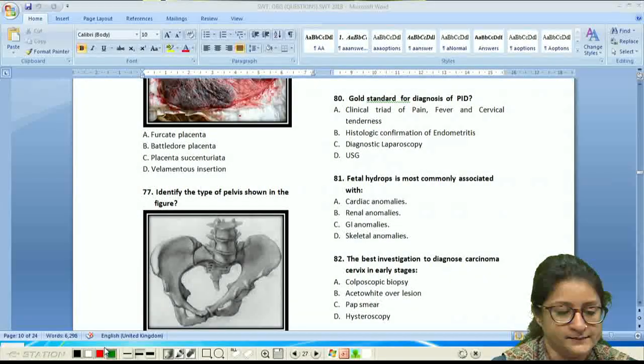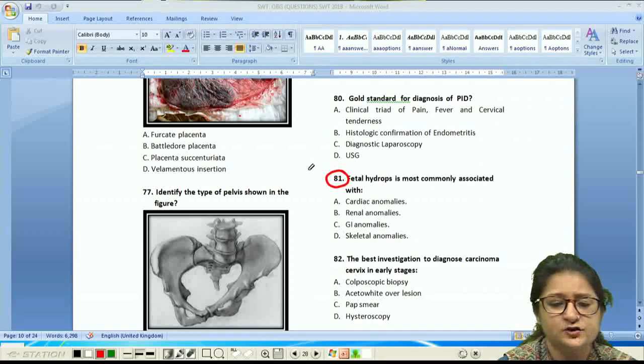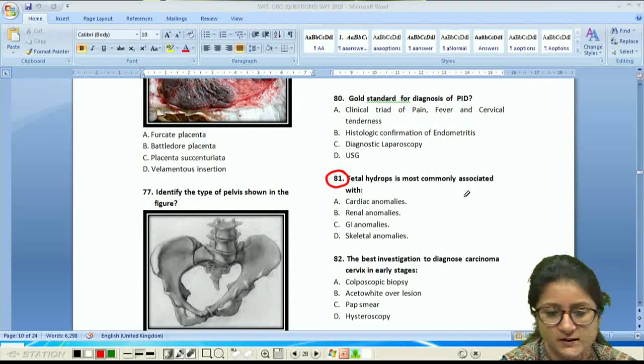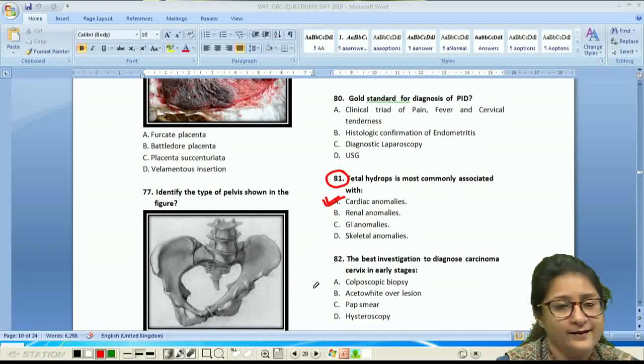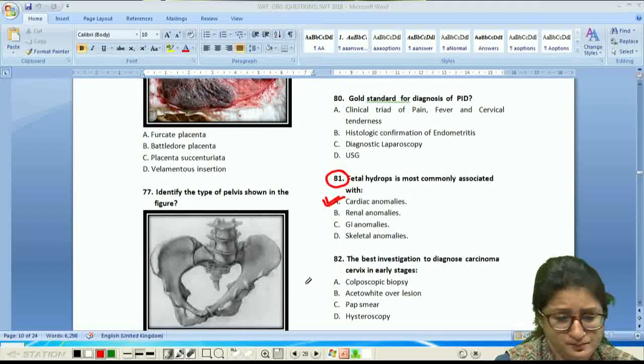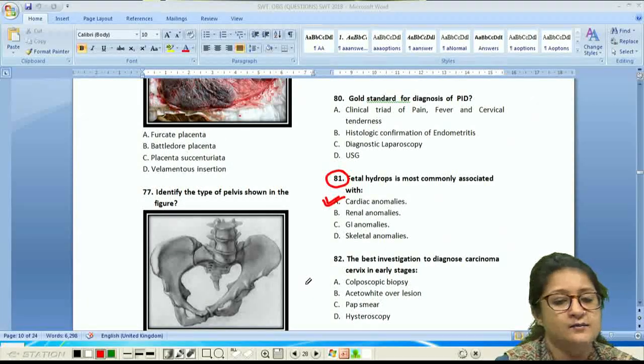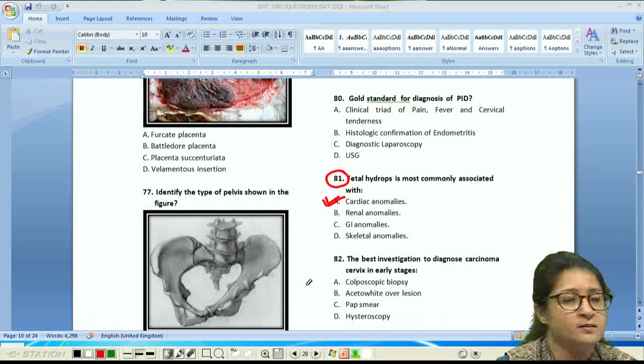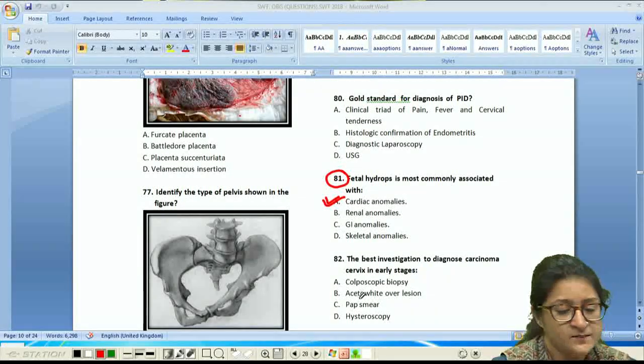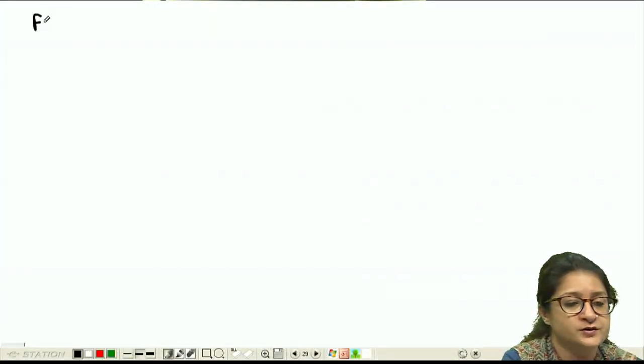Question number 81. Fetal hydrops is most commonly associated with, the answer to this question is cardiac anomalies. Alright, cardiac anomalies are the anomalies most commonly associated with fetal hydrops among all the anomalies. Now I will give you a few important points about fetal hydrops, what you should remember.